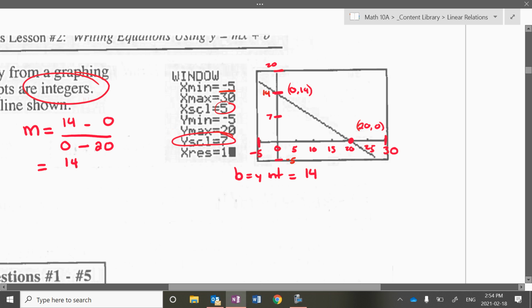So I get 14 over -20, which reduces to -7 over 10. So now I have my slope, I have my intercept, I can plug them into my equation, and life is happy. So I get -7/10 x plus 14.